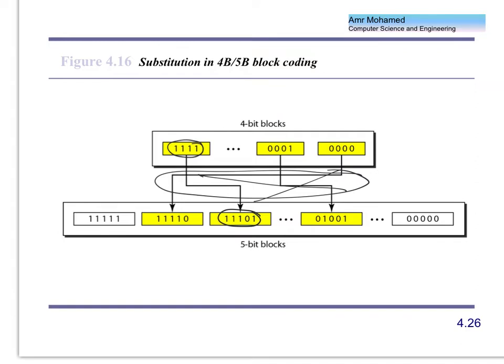One thing to notice here is that nothing comes for free, as we said before. This is the general rule. So what is the cost of block coding, based on which we have improved the self-synchronization and the error probability? What is the cost that we had to pay here?